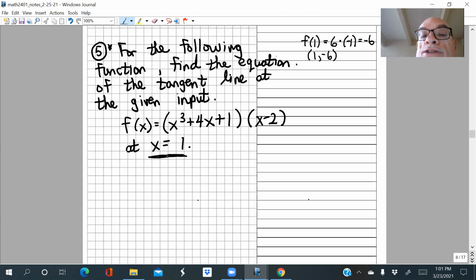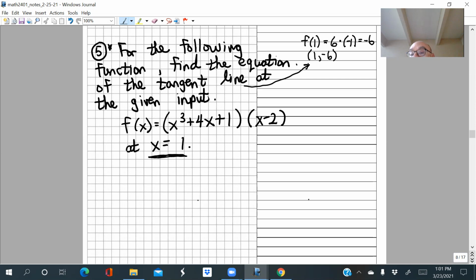So that point is also on the tangent line, right? Because remember, the tangent line is supposed to just touch the curve. Probably it won't cut through the curve. It could, but usually it won't, right? But the tangent line is supposed to touch the curve right here at this point, 1 and minus 6. So there's a point on the tangent line, all right?